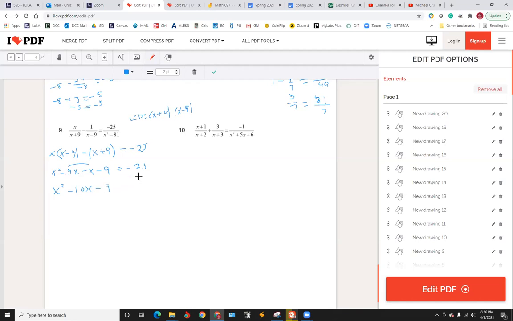And then we're going to plus 25. Plus 25. Because we got to make this a quadratic. So this is x squared minus 10x plus 16.